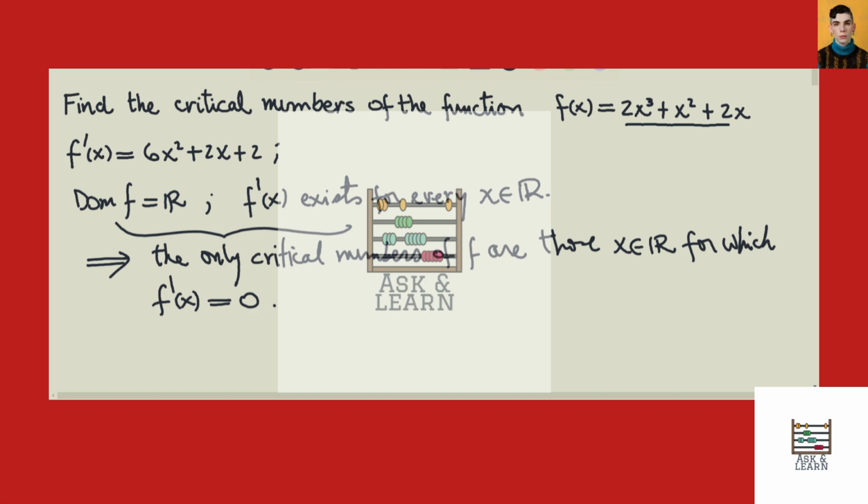So that's why we look first at the domain of the function, that is, the real numbers, and then we see where the derivative exists. In this case, it exists for every real number, that is, for every x in the domain of the function. Therefore, the only critical points or numbers of this function are those values of x in the real numbers for which the derivative is equal to 0.